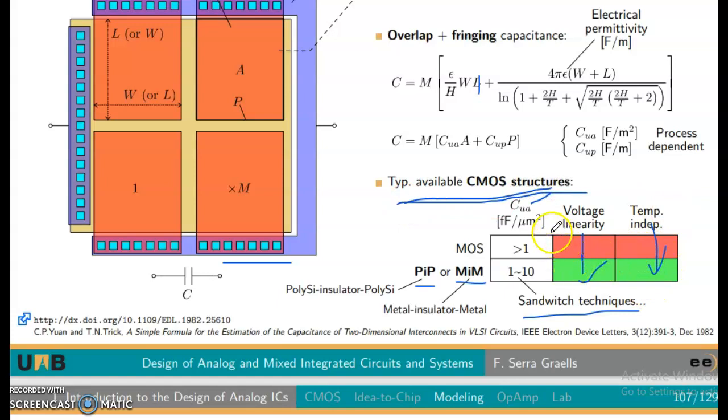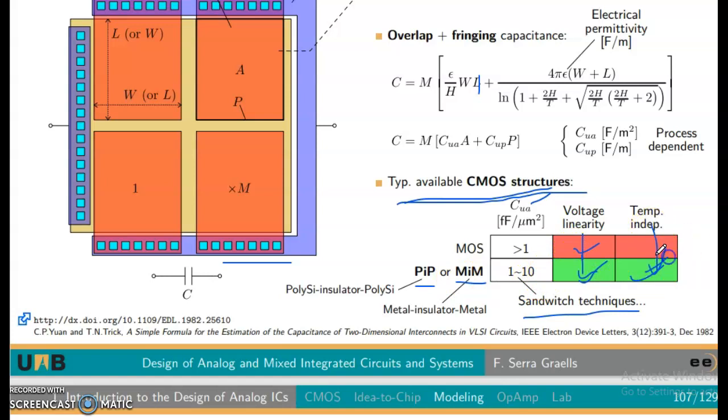Under this condition, voltage linearity for the MOS is like this; for PIP or MIM, polysilicon insulator polysilicon or metal insulator metal, it is green.